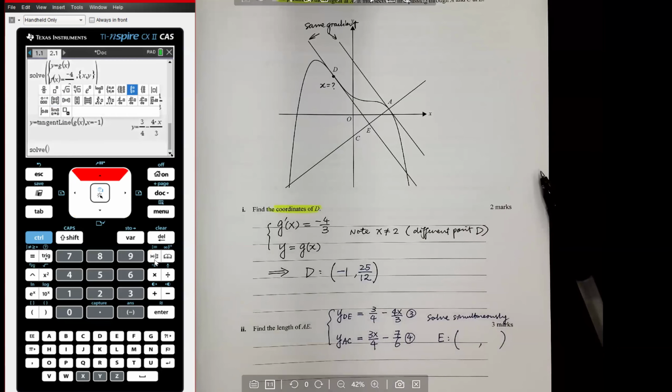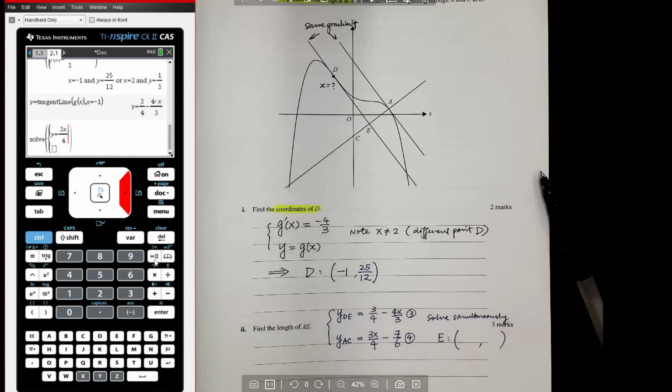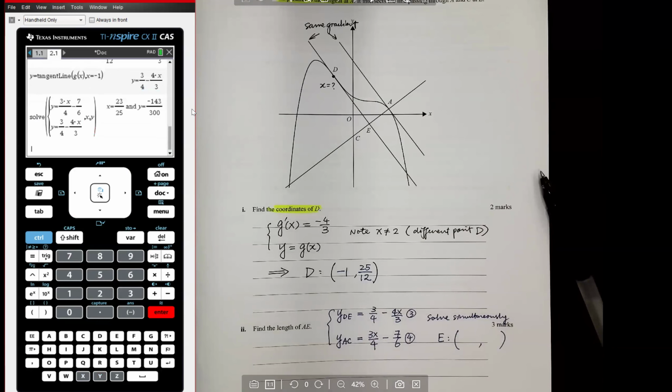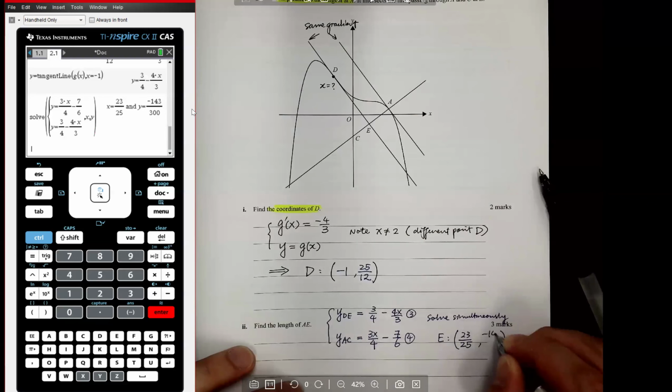You may want to type this in manually. Y equals 3x on 4, take away 7 on 6, and y equals, for example, this bit, comma x, comma y. And you should be able to get something along this line: 23 over 25 and minus 143 divided by 300.